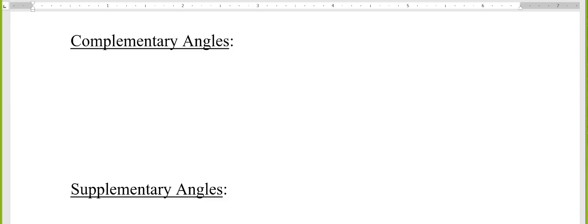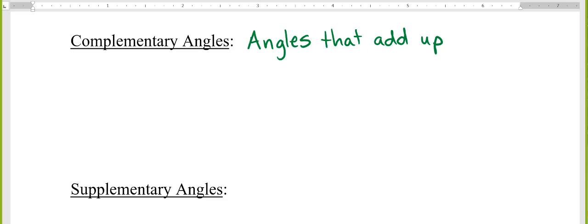All right, complementary angles are angles that add up to 90 degrees. And I didn't talk about it, this little symbol up here, that's the degree symbol.